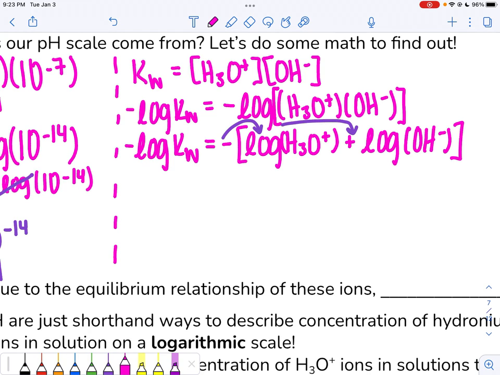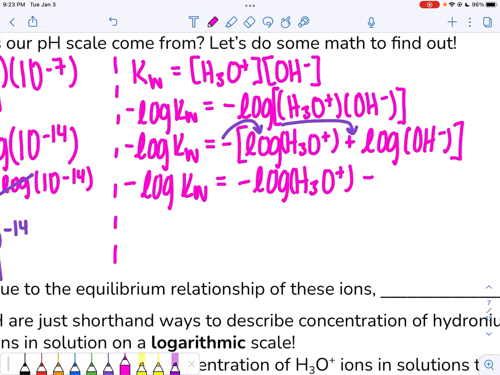Distribute this negative to this term and to this term, and I end up with negative log of Kw is equal to negative log H3O plus minus log of OH minus.